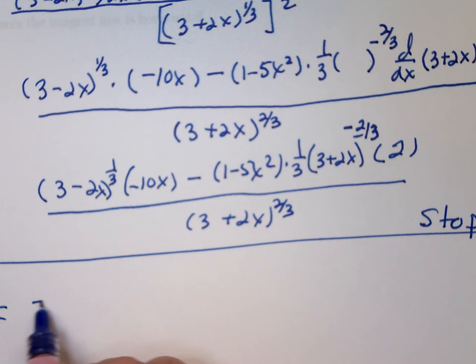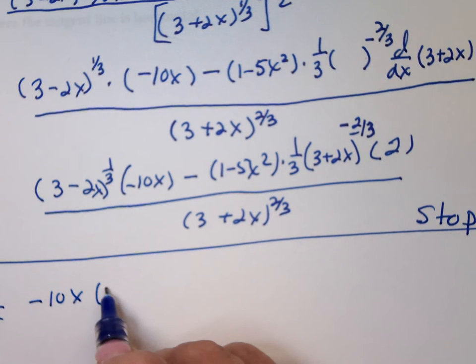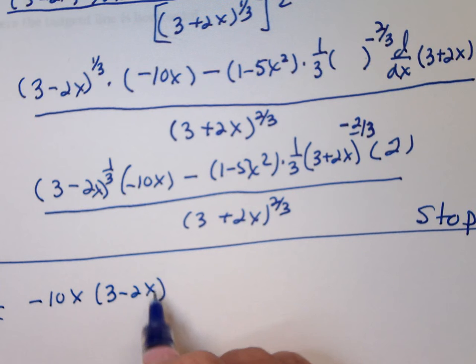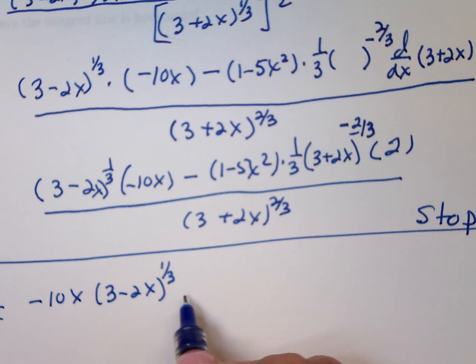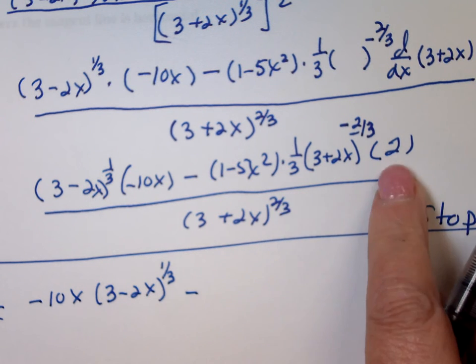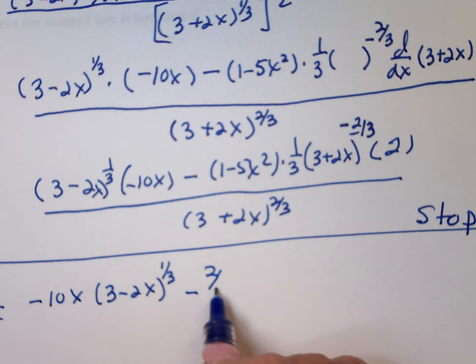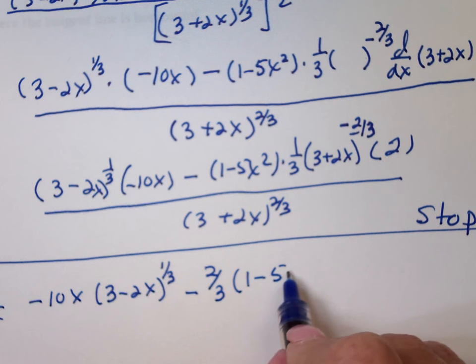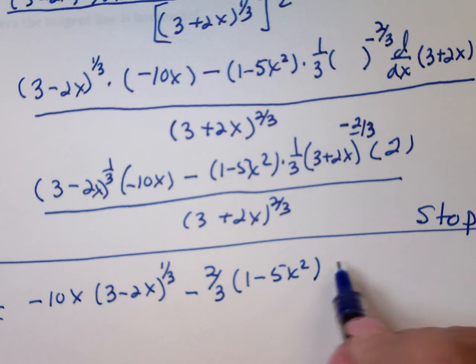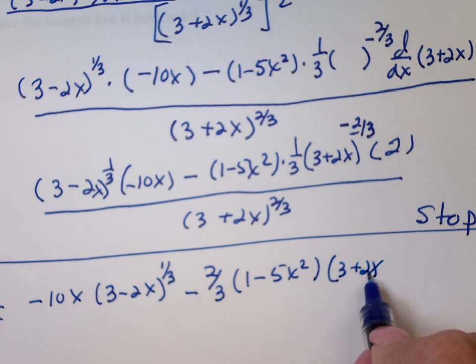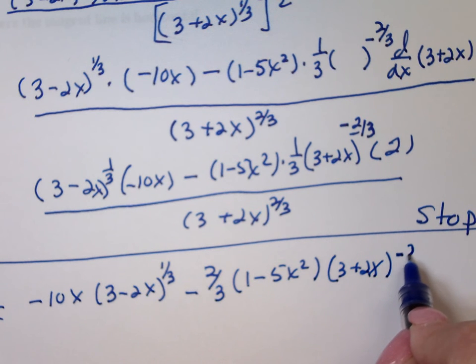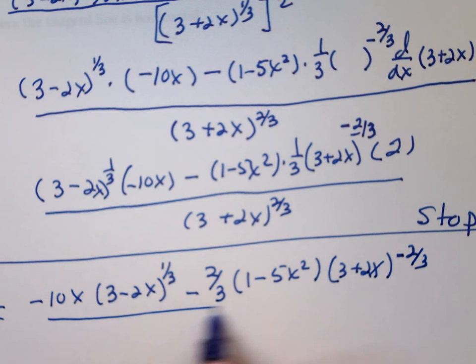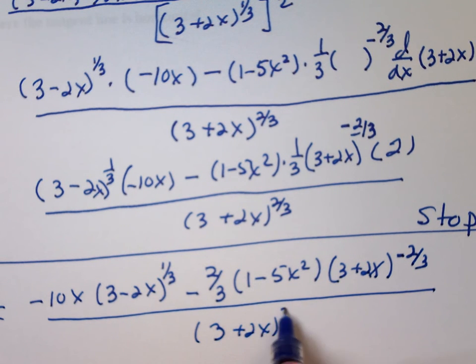So this is going to be negative 10x blob to the 1/3 minus 1/3 times 2 is 2/3. Blob, well, it's not really a blob. And a blob to the negative 2/3 all over 3 plus 2x to the 2/3.